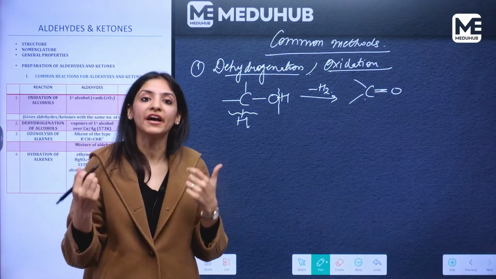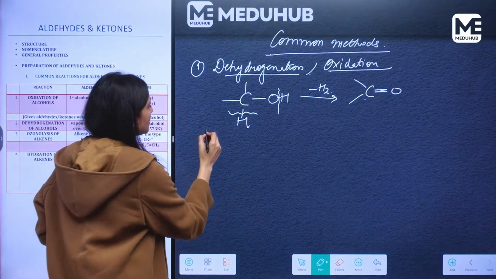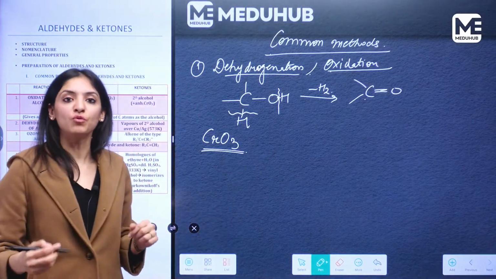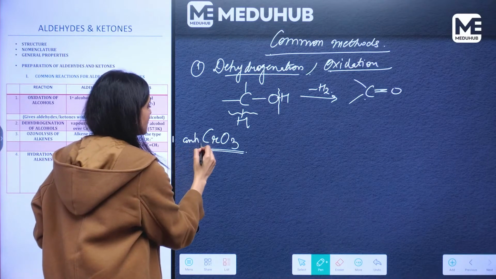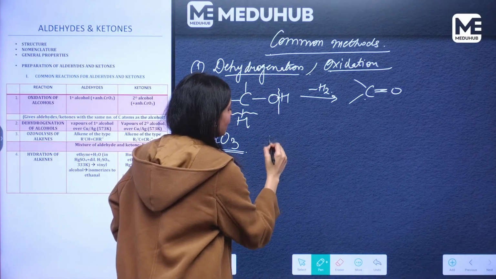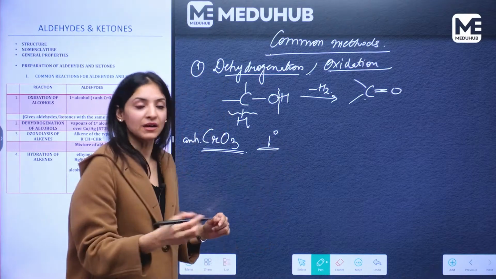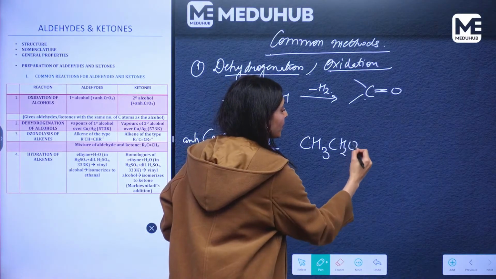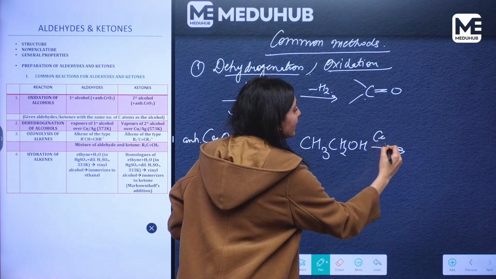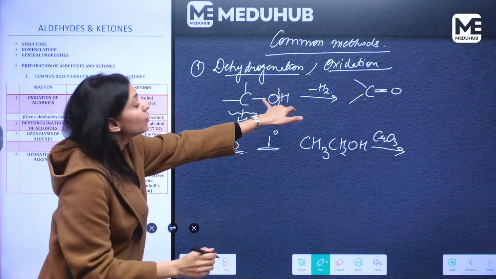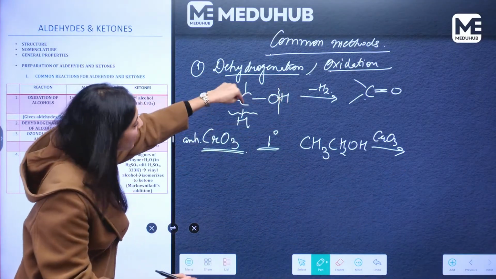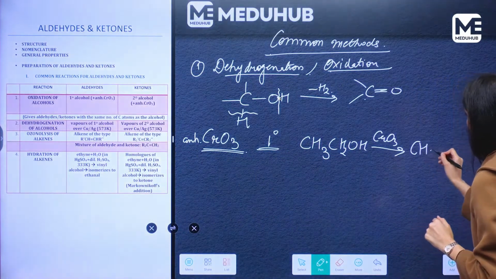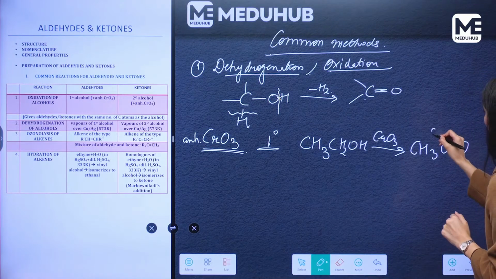There are two ways to dehydrogenate alcohols. One is using chromium trioxide or chromic oxide, anhydrous CrO3. So if we have a 1 degree alcohol, that is a primary alcohol like this one, CH3CH2OH, on reaction with CrO3, the OH bond here will break and one carbon-hydrogen bond will break to give us an aldehyde, which will be CH3CHO.